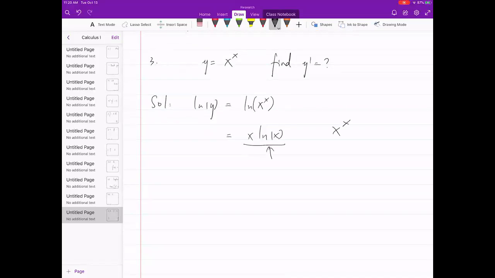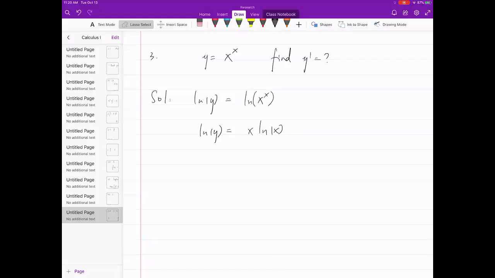I can do it. This is impossible. Sounds good? All right. After you apply ln, what do you have? You basically have this. You want to find y prime. That's exactly implicit differentiation, right? Just take the derivative on both sides.